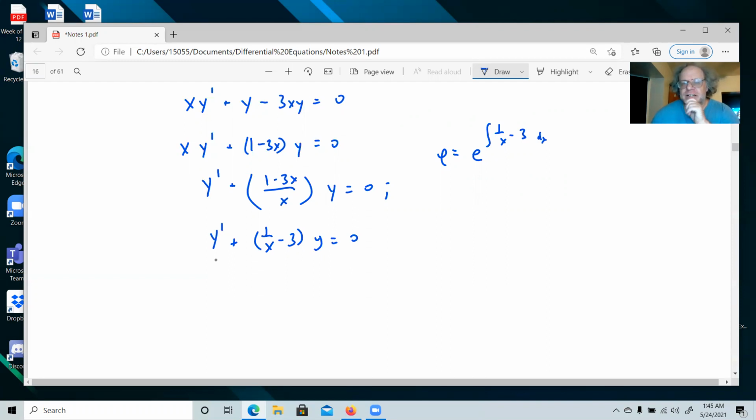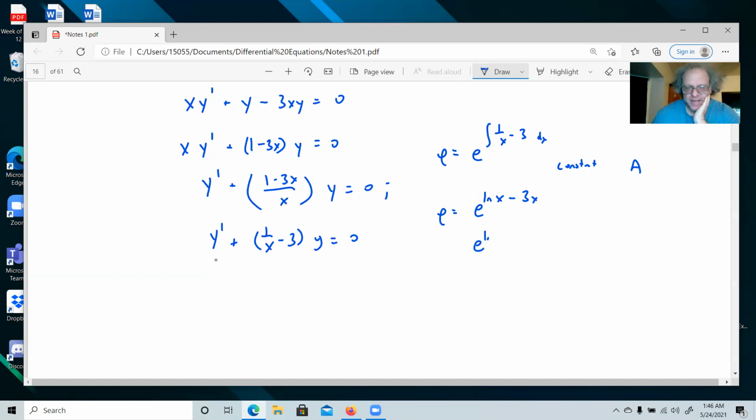There is a constant in here, and I'll be careful and show you what happens to the constant. I'll call my constant capital A instead of capital C, because C is going to be busy. So here we go. We have rho is equal to e to the natural log of x minus 3x.